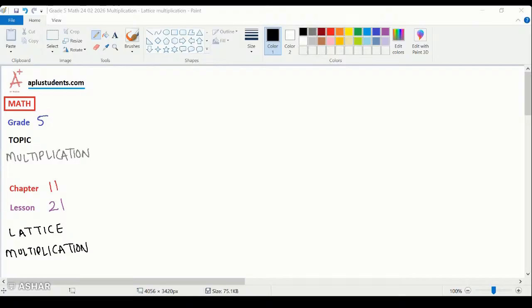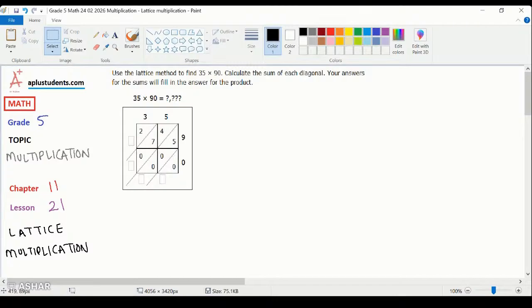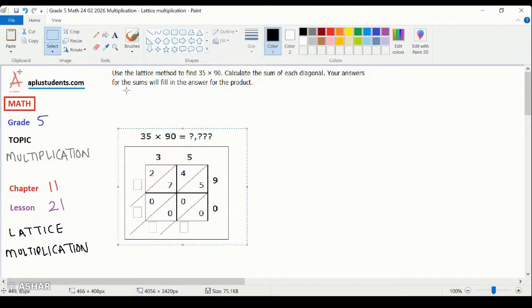So let's see. Lattice multiplication is a way of multiplication. The first example they have done for you, and we'll see what if the values are missing. Let's compare. In this particular case, this is the lattice multiplication.